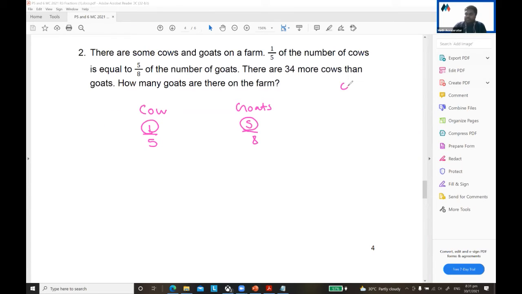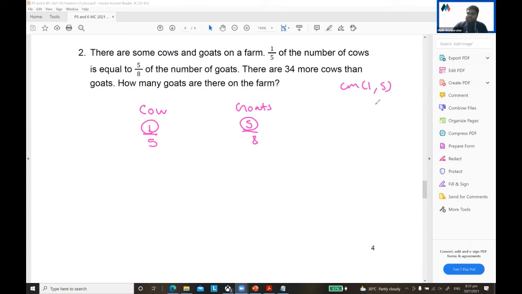So what's the common multiple of 1 and 5? All right, so 5. Okay, so for this kind of question, ratio, we try not to use ratio for this, okay? So it's more in fractions.